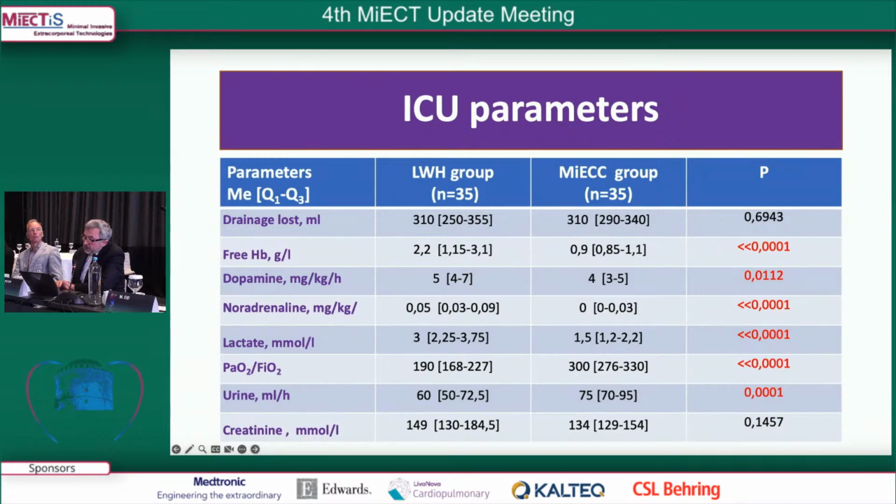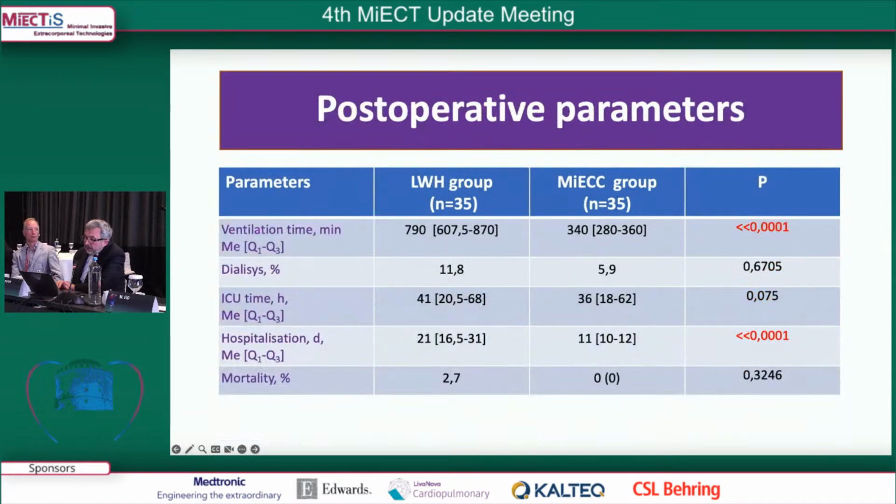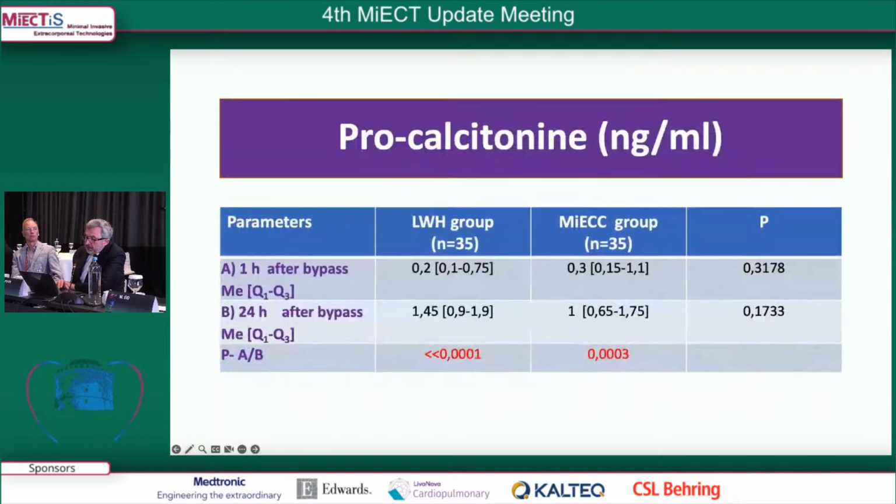Significant differences were observed in postoperative data such as free hemoglobin level, dopamine administration, noradrenaline administration, lactate level, PaO2, VO2, and urine flow as well. Significant differences were observed in duration of ventilation time and duration of hospitalization.